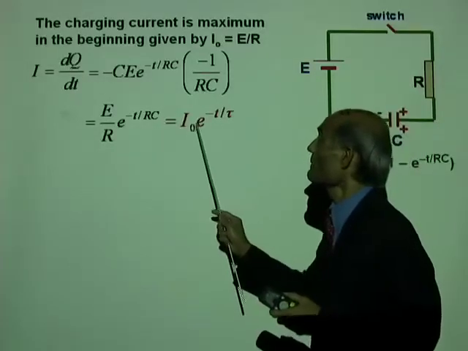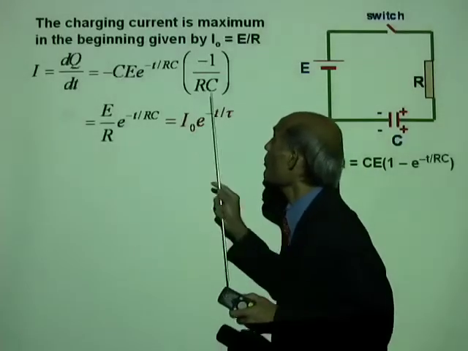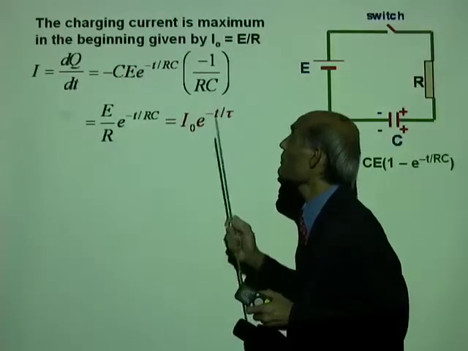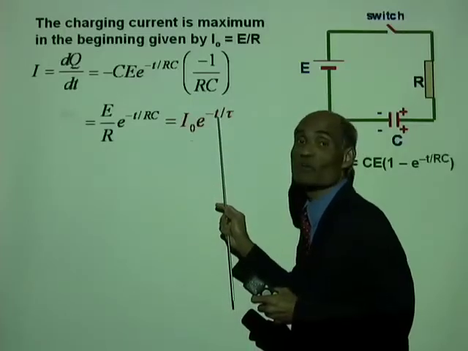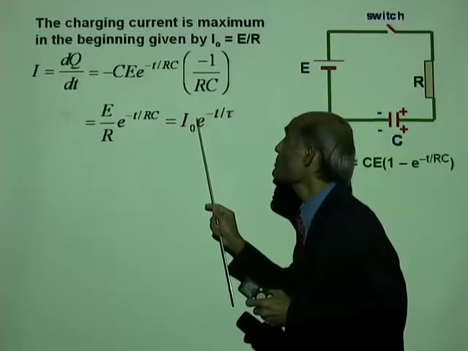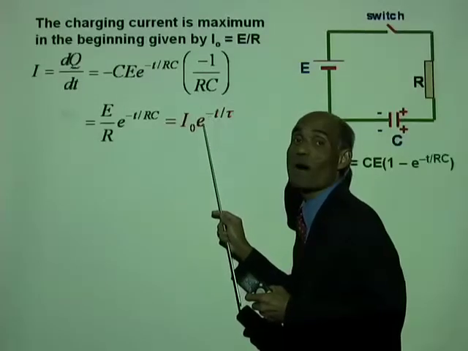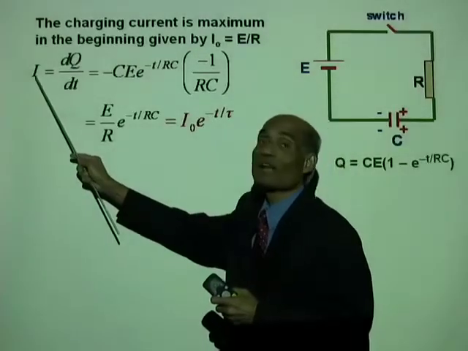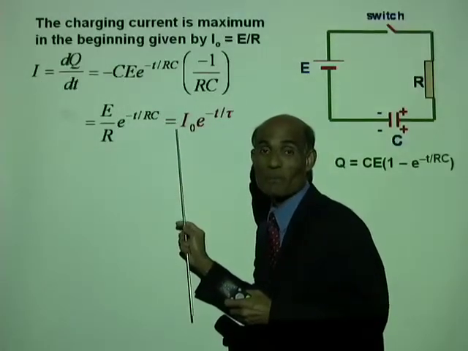Now tell me, looking at this equation, what is the value of I when t equals 0? When t equals 0, e to the power of 0 will be 1. Therefore, the value of I when t equals 0 is I0.